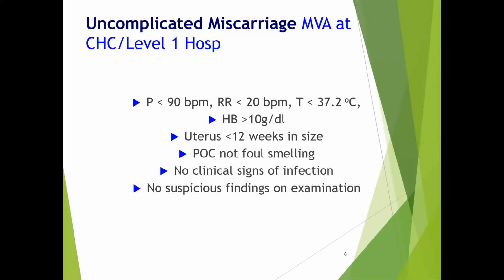You must also make sure that the products of conception are not foul-smelling, and there are no other clinical signs of infection, and no other suspicious findings on examination. Where in doubt, you need to refer these patients.